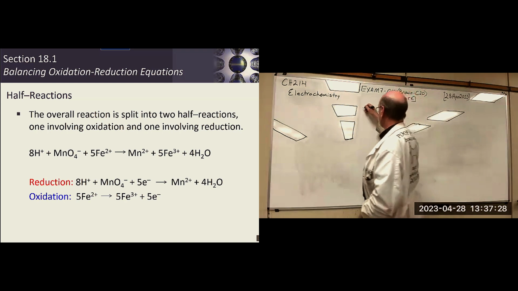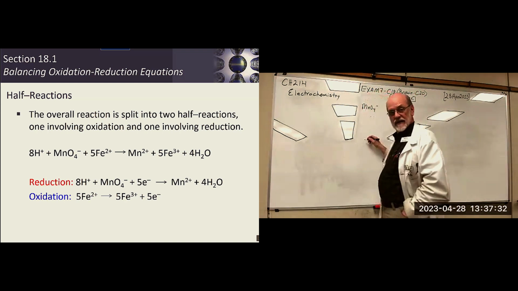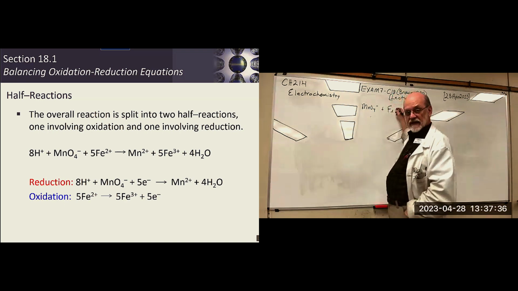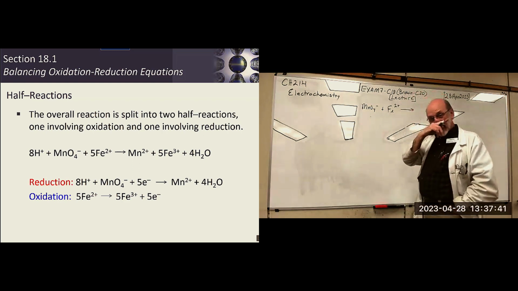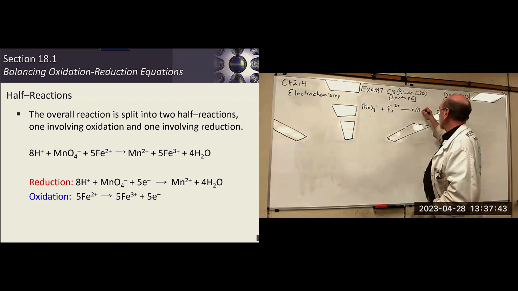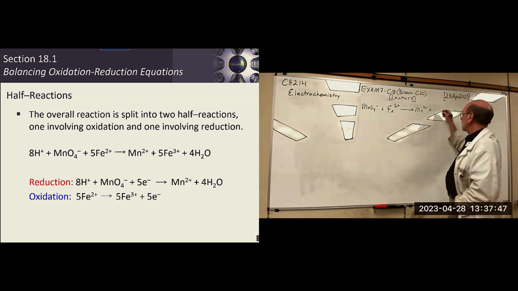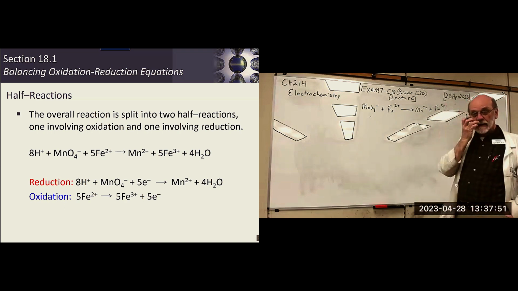MnO4 minus, and then that would be reacted with Fe2 plus, and it would yield Mn2 plus and Fe3 plus. Okay.